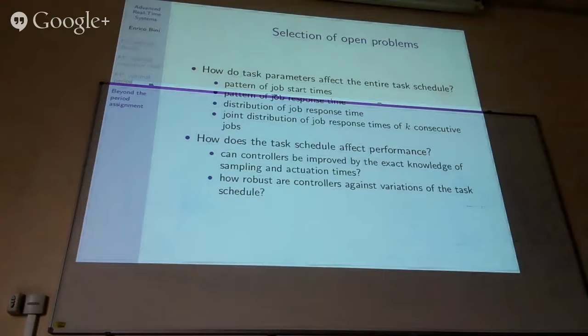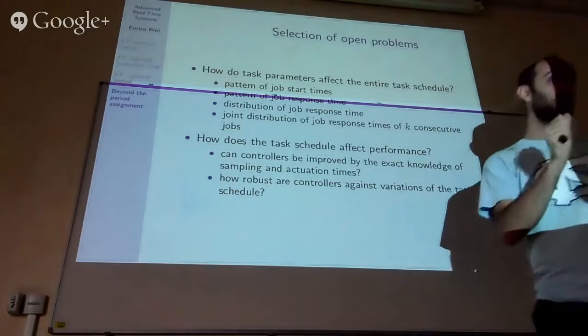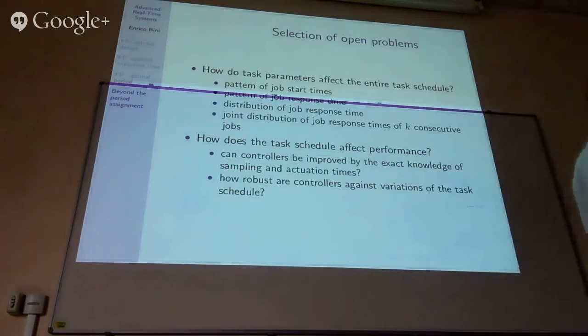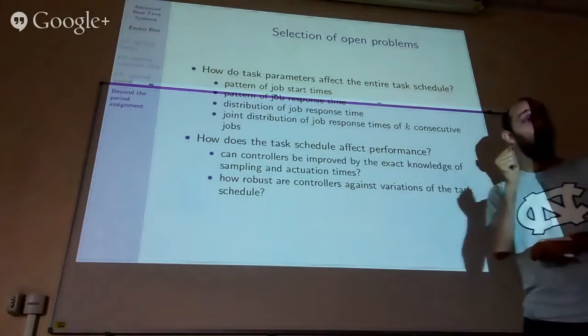Can we improve the design of the controller by knowing the exact pattern? And how robust is the controller to variation in the task schedule? If a small variation in task parameters changes the response time pattern by a lot, how sensitive, how robust is the design of the controller with respect to this variation?